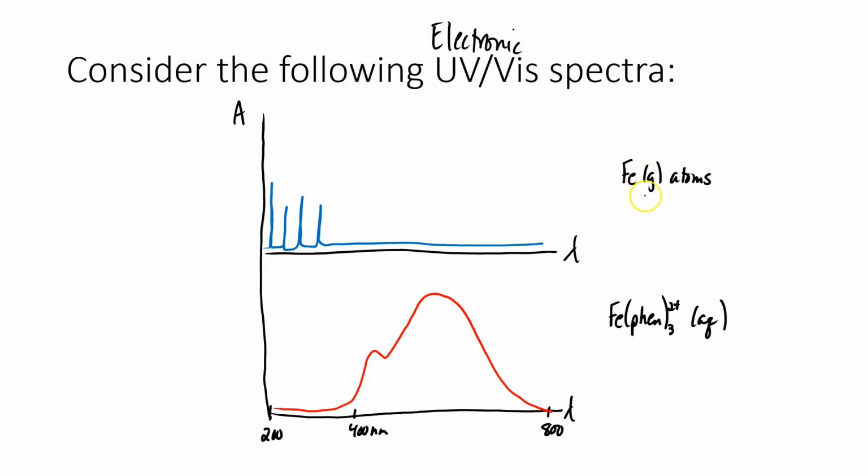We see that for these gaseous atoms, the spectrum contains these sharp lines, while for this molecular form that's dissolved in an aqueous solution, there's kind of a broad band, isn't there?